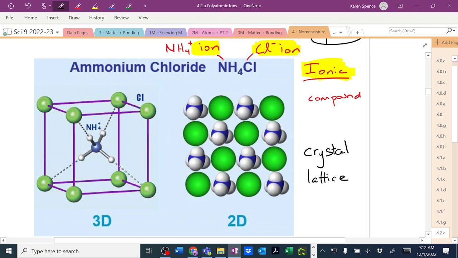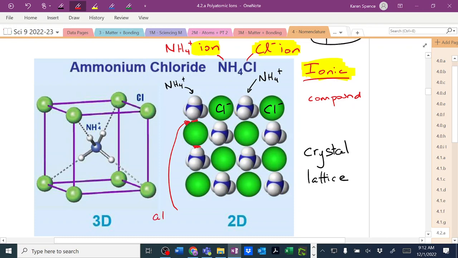And so what we have is, instead of having NaCl, NaCl, NaCl, we have NH4 plus alternating with Cl minus, and NH4 plus alternating with Cl minus. What kind of attractive force do we have in between ammonium and chloride?